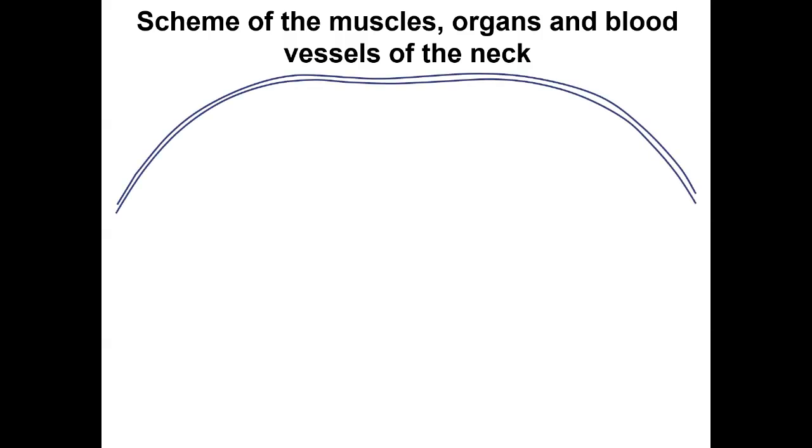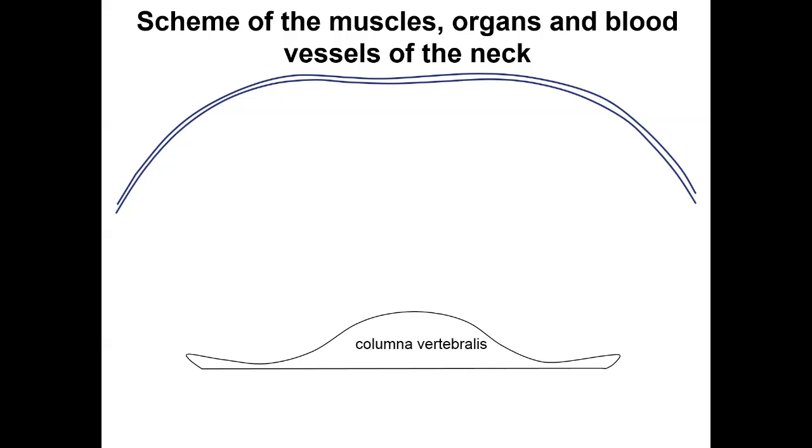And now I'd like to propose that you scheme the muscles, organs, and blood vessels of the neck, which I recommend you draw together with me, and then recognize each structure. So, this is columna vertebralis.